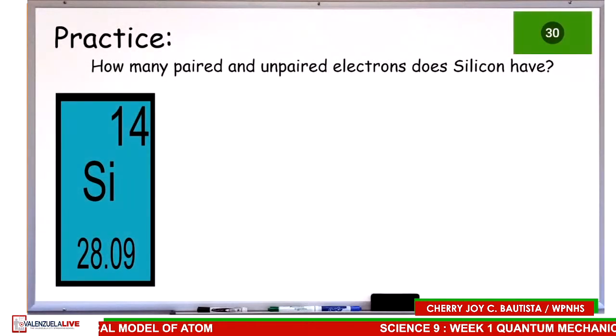Now, your turn again. How many paired and unpaired electrons does silicon have?